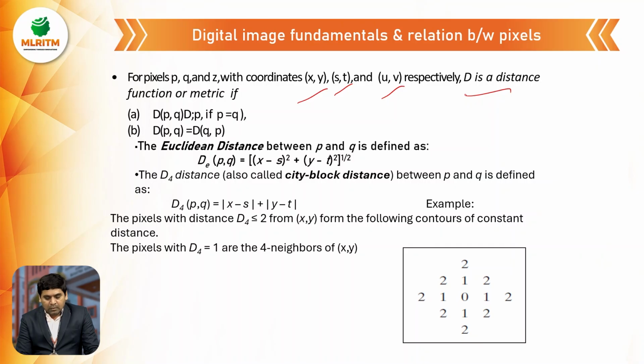The next distance is the D4 distance, which is called the city block distance between P and Q, with the same coordinates. Mathematically, D4 of P comma Q equals mod x minus s plus mod y minus t. This is one example of a distance measure.